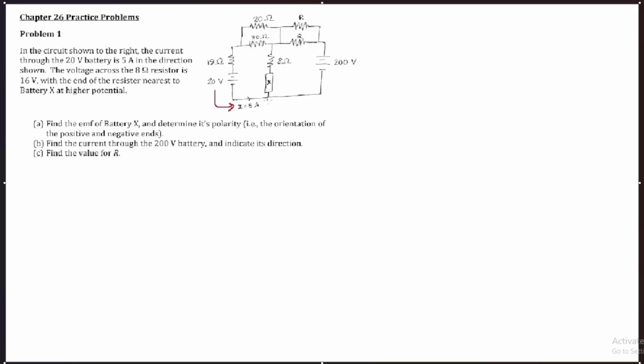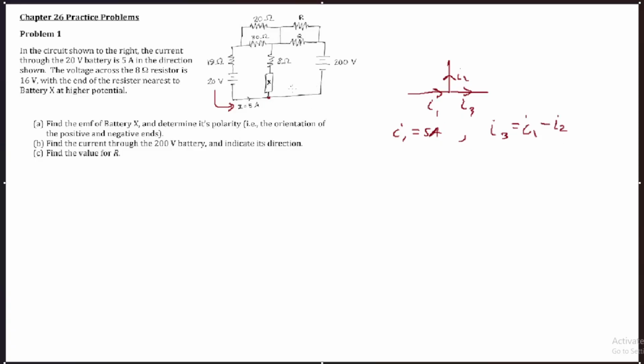And then we have a junction right over here, and we can just draw that junction real quick. We're going to label this I2. This is going to be I1, and then we have I3. We know that I1 is equal to 5 amps. From here, we can say that I3 is equal to I1 minus I2.